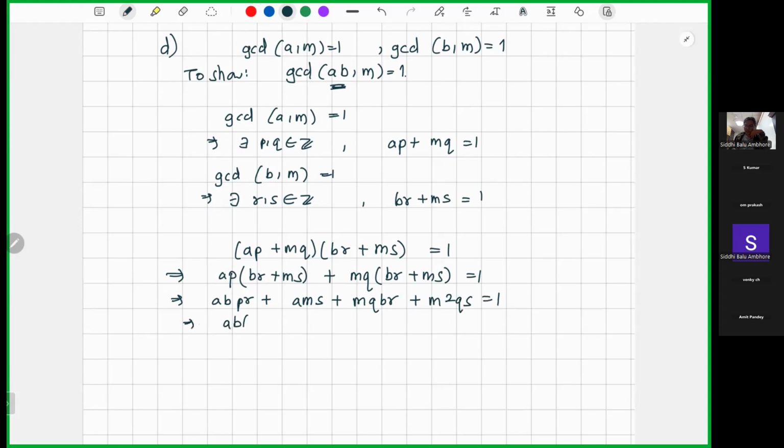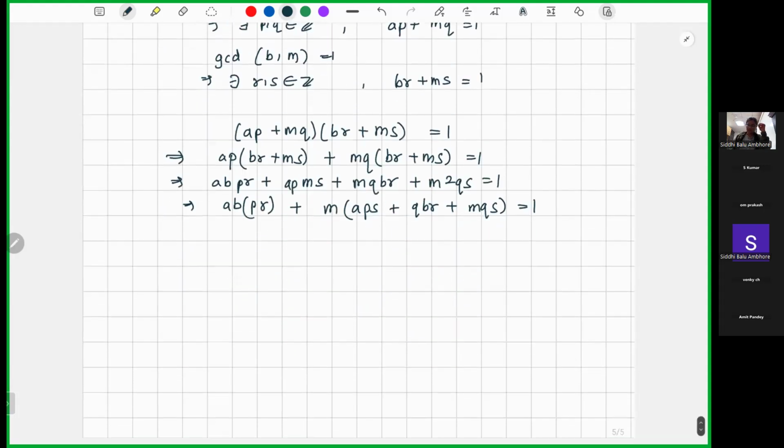I think I missed something. Yeah, APS plus QBR plus MQS is equal to 1.